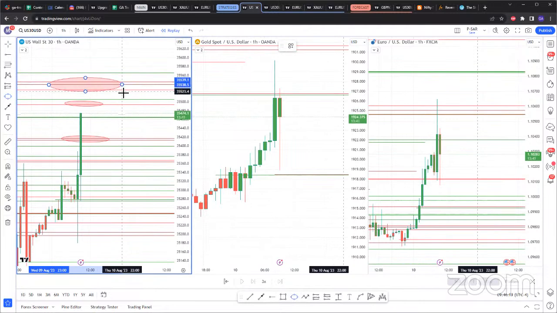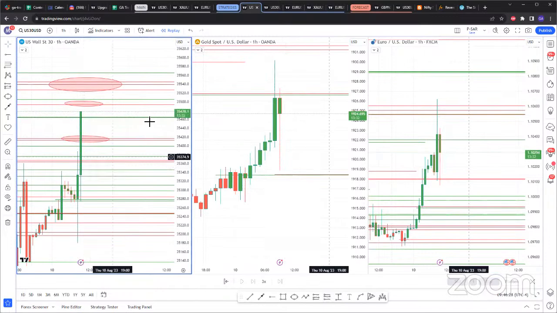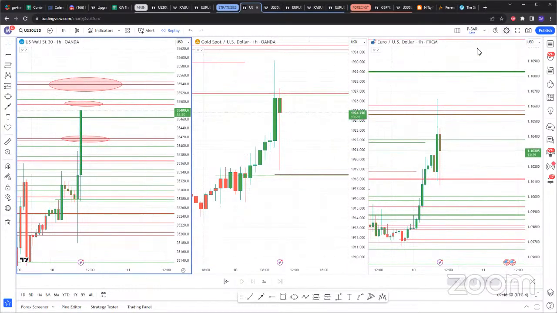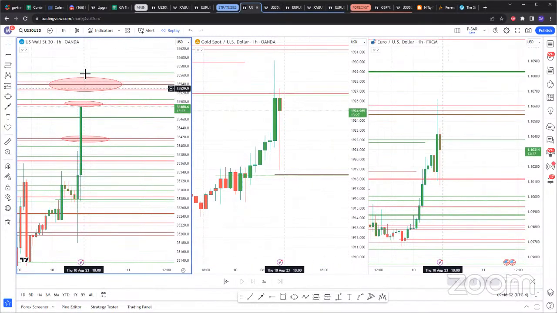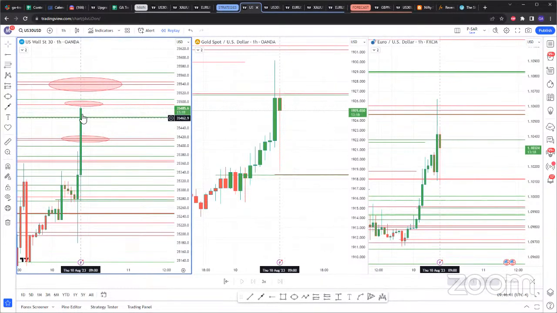You need two candle closures below either of these zones, with candles that are retesting. So if your bias is for a sell, wait for these zones. You need 2 hourly candles to reject from either of these zones for you to sell. If you're looking to buy, you need an hourly candle to close above 35,462, and then another hourly candle to retest this zone and close above. So that's how you would do that.